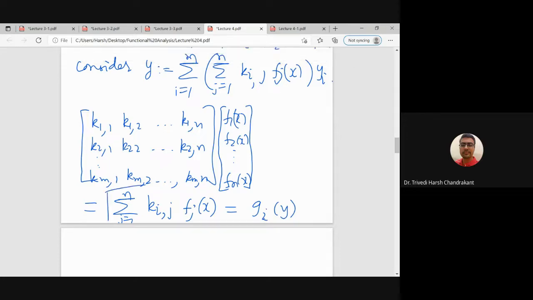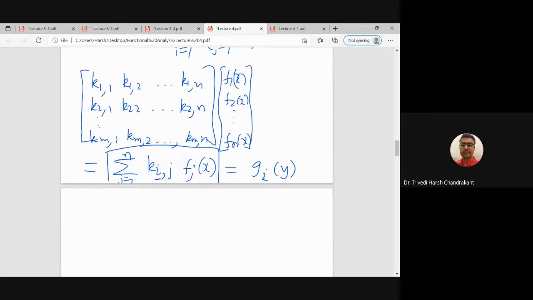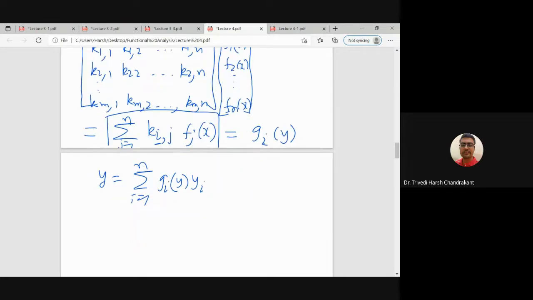because it depends on i also, right? For each i we get this summation. So this we call gi(y), and then we know that y is equal to summation over i of gi(y) yi, right?